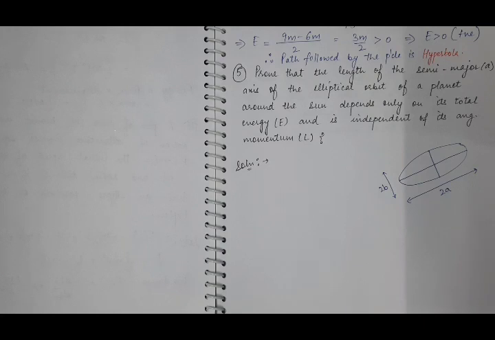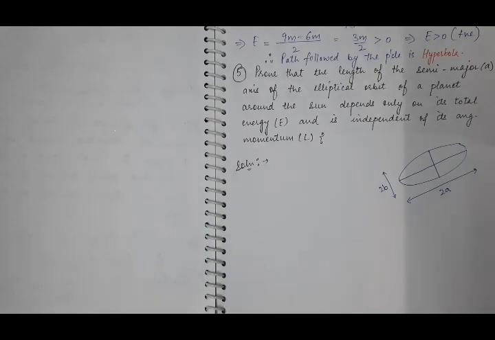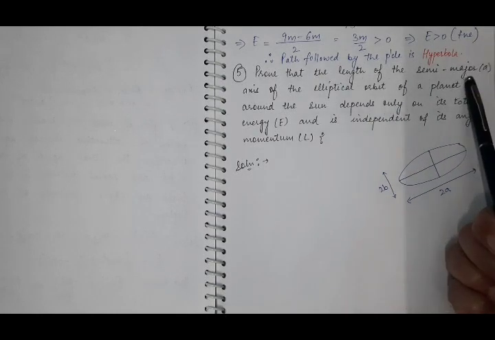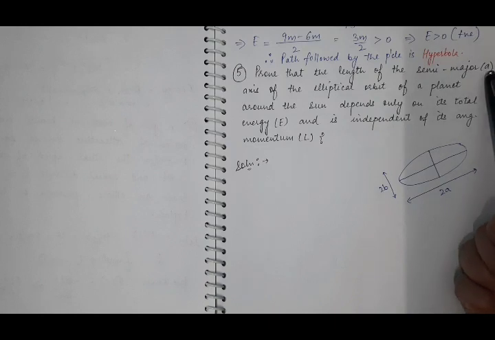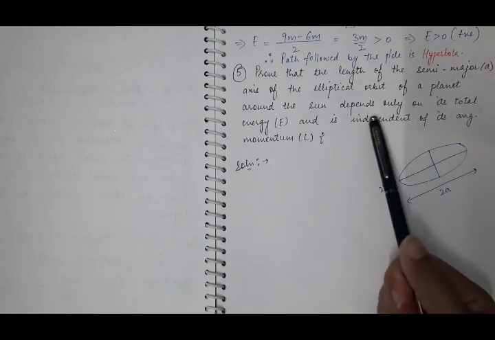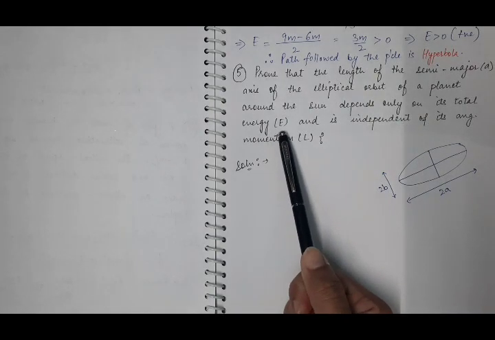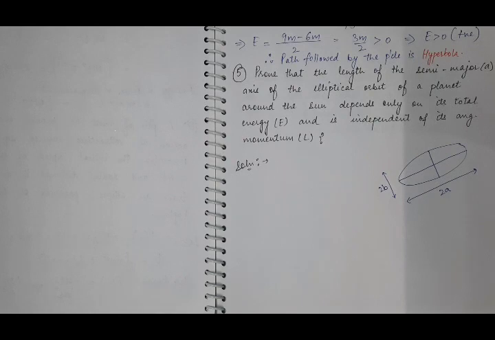Semi-major axis means half of this major axis. Half of the major axis will be 2a by 2, that is equal to a. So that's why we have taken the length of the semi-major axis as a. And we have to prove that this a only depends upon the total energy E and it is independent of the angular momentum of the planet.